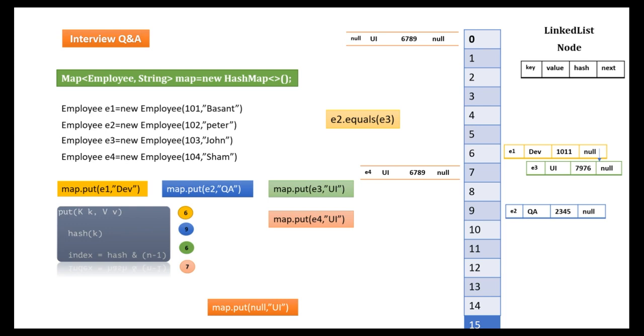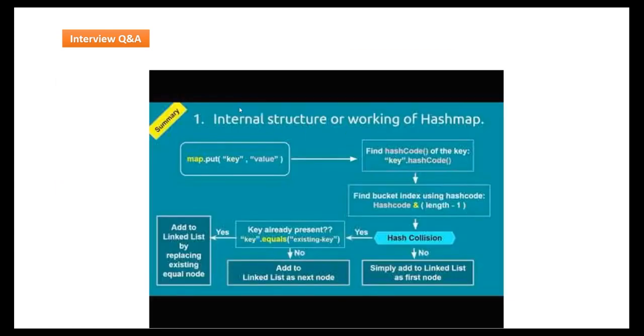Now at a high level, if you want to see the flow of this HashMap, I found this image from Google. It's not very clear, but you can understand the flow. Initially you add a key-value pair to the map, then it finds the hash code of the key. Based on that hash function, it will evaluate the index and place it. If there is a hashing collision, meaning a node is placed in the same bucket where one node already exists; if there is no hashing collision, then simply add it to the linked list as the first node.